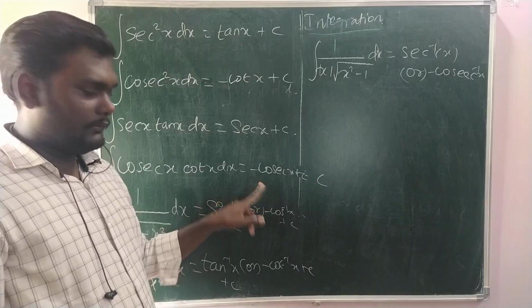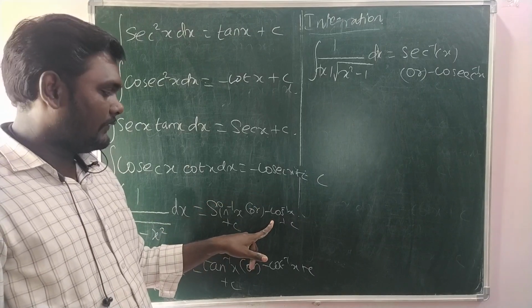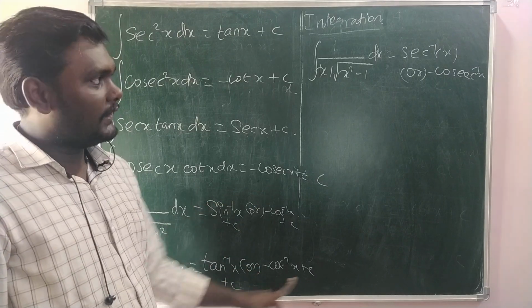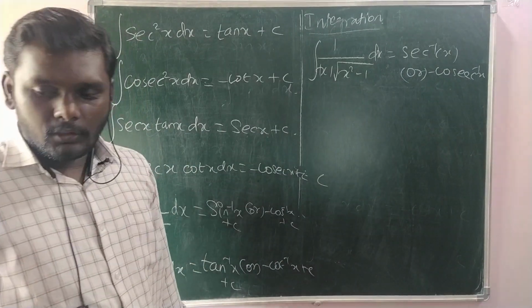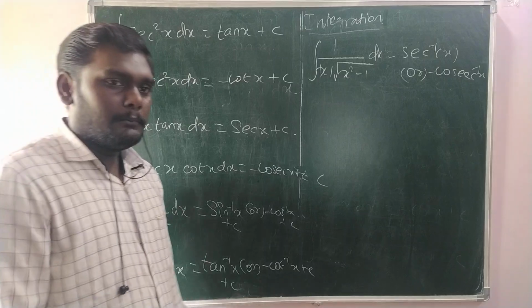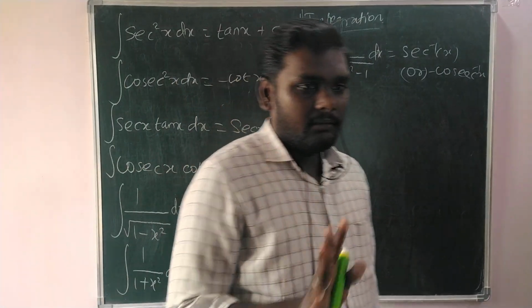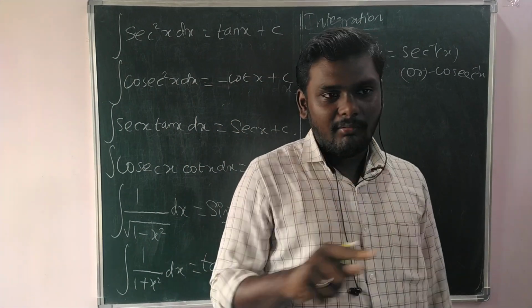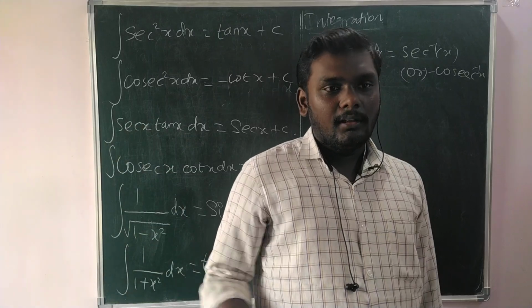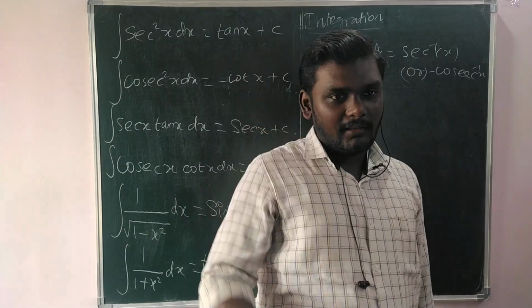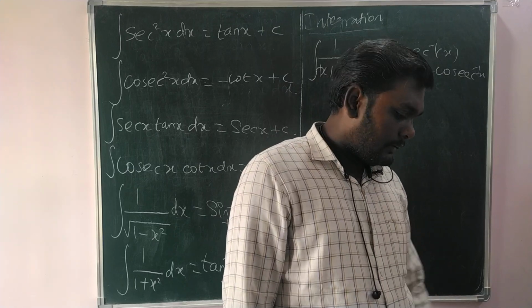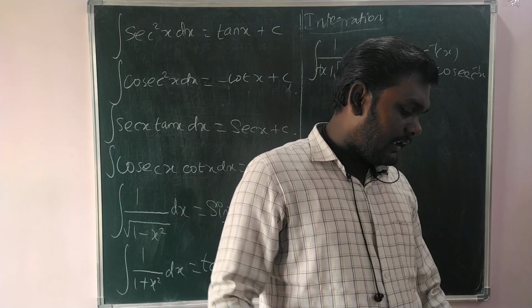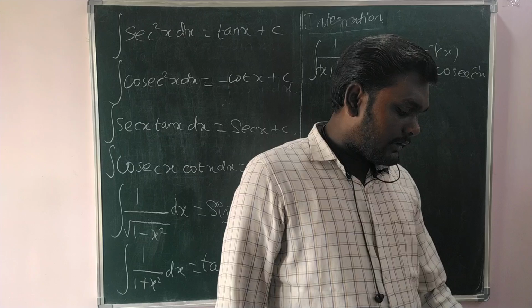Cosec x we wrote negative. Here also cos inverse of x negative, cot inverse of x negative, cosec inverse of x negative. Understood, right? You won't be confused. Simply remember this: in differentiation, if the question has the alphabet C, we put the negative. In integration, if the answer has the alphabet C, we put the negative. Got it? So these are all the basic things we need to know about integration.